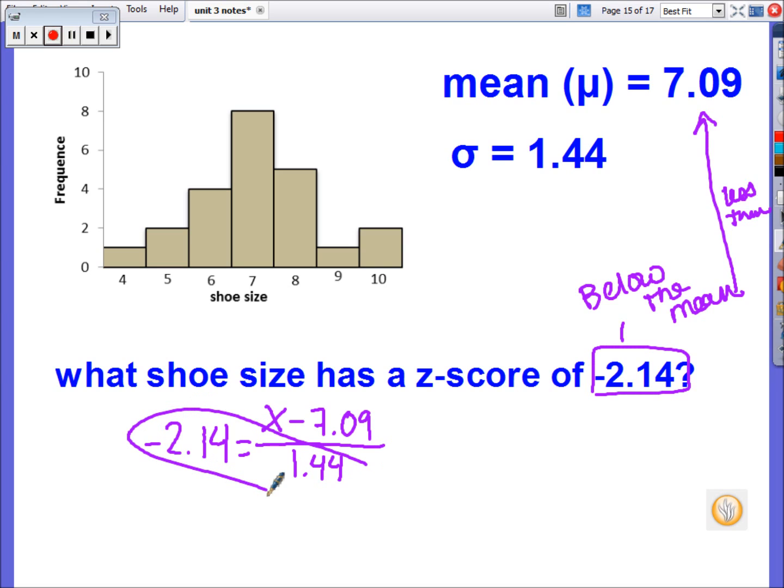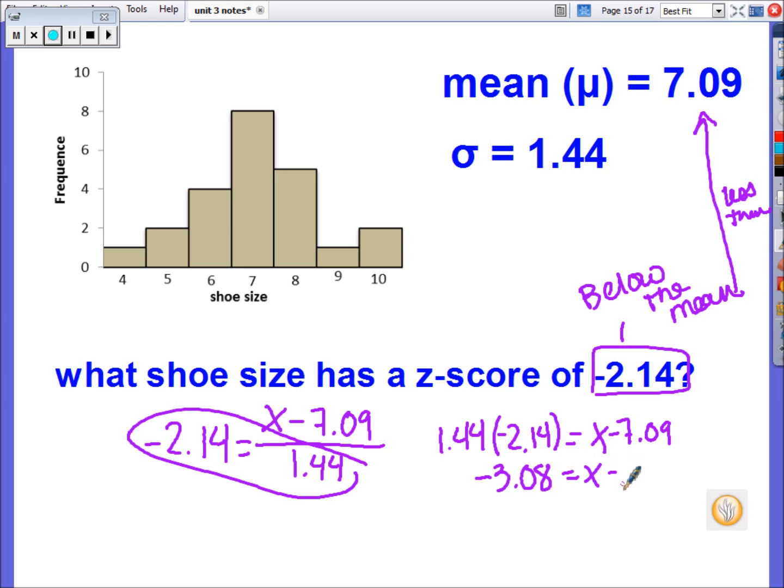This is just a simple two-step equation. We multiply right here. 1.44 times negative 2.14 is going to equal x minus 7.09. Negative 3.08 equals x minus 7.09.